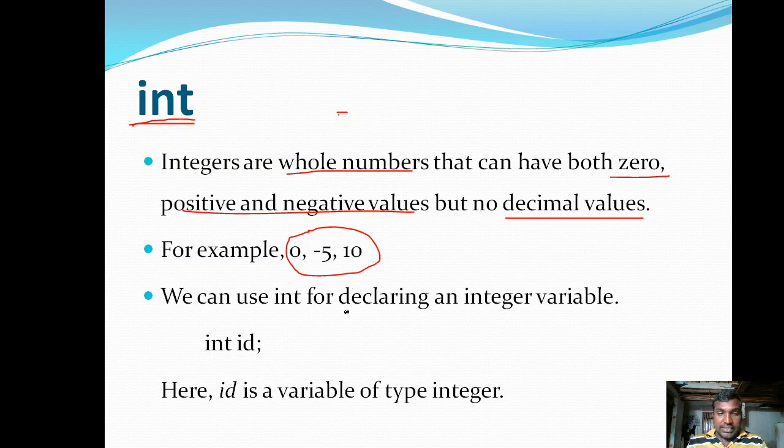So we can use int for declaring an integer variable. Int is the keyword followed by any variable name. Here id is a variable of type integer, which means this id variable can store only integer constant values, either positive, negative or 0, without any decimal values.